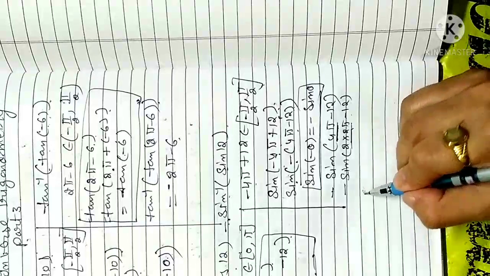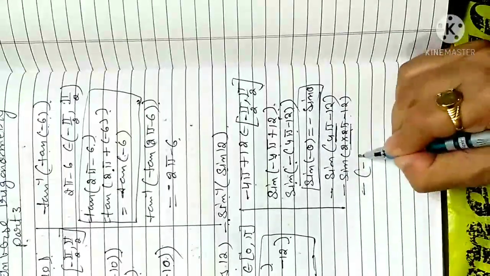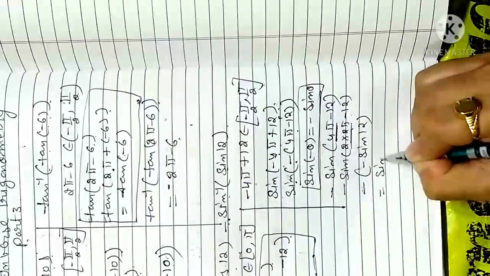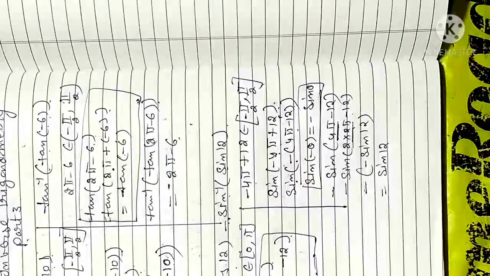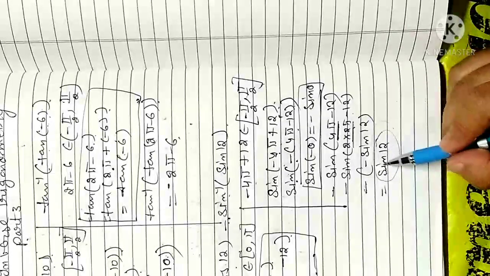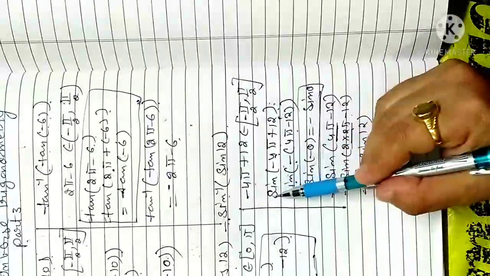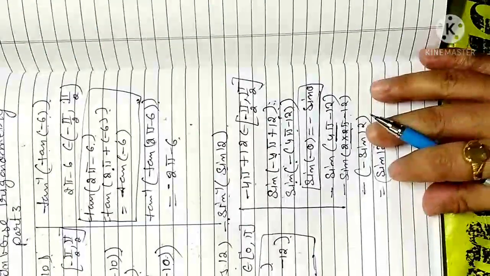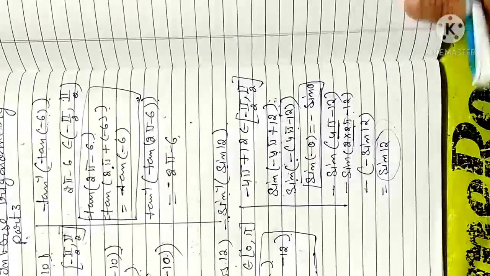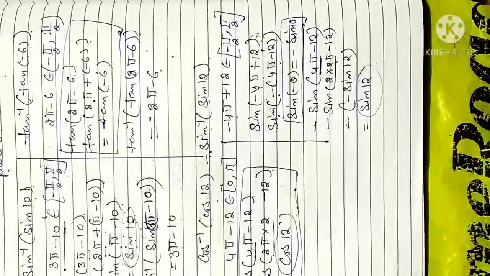Sine theta is negative, so that is minus sine 12, so that becomes sine 12. So instead of sine 12 I can replace the value of sine of minus 4 pi plus 12. Now I got the numerical value as a proper angle value.